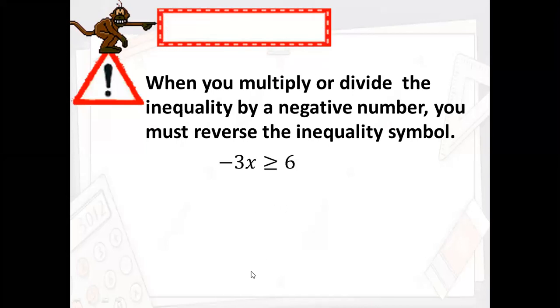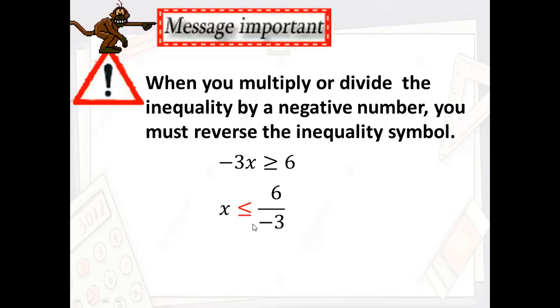So let's go ahead and see one more example. Here we have negative 3x is greater than or equal to 6, which means you need to divide both sides by negative 3, because this is negative 3 multiplied by x, right? So that means x is going to be less than or equal to 6 divided by 3, because that's what the message says.